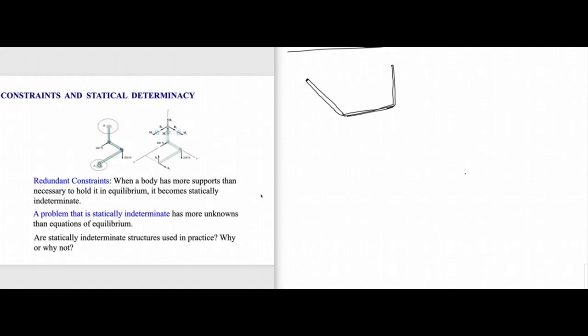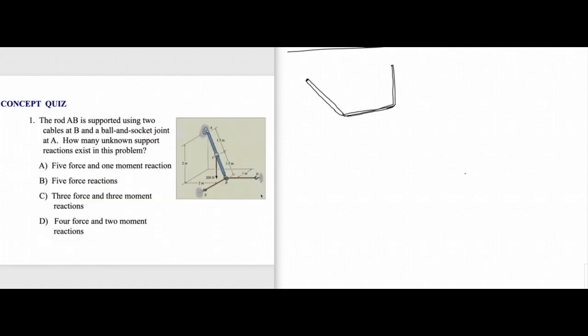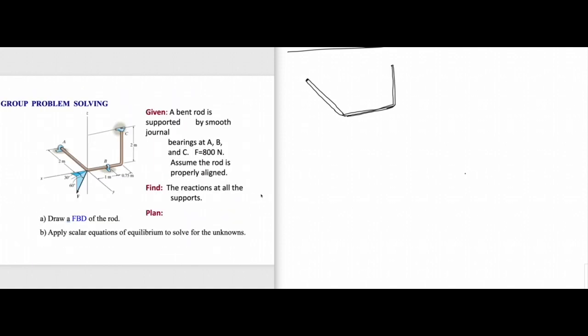So are there two or more properly aligned? Yes. A, B, C. What is the meaning of properly aligned? Properly aligned means, for example, if B is also similar to A here, C is also similar to A there, the rod can go in and out if A, B, C are all in the same line.